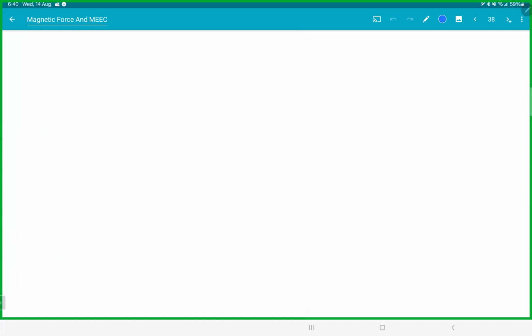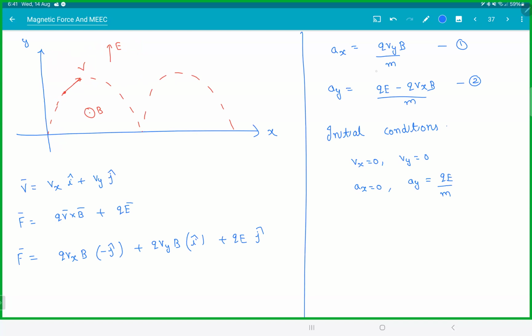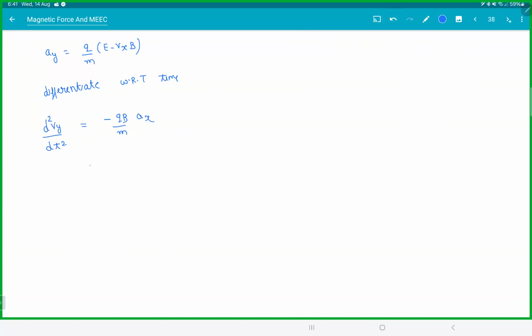Now let's take the second equation. ay is q by m into E minus vx B. Differentiate on both sides. The left hand side will become d square Vy by dt square. This would be minus qB by m dvx by dt, which is ax. But you also know from the first equation, ax is q vy B by m.